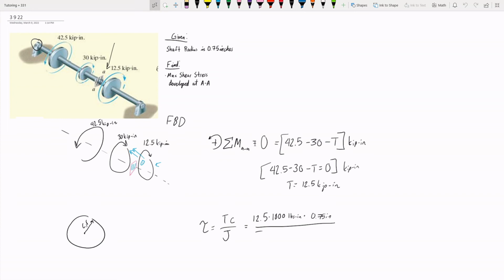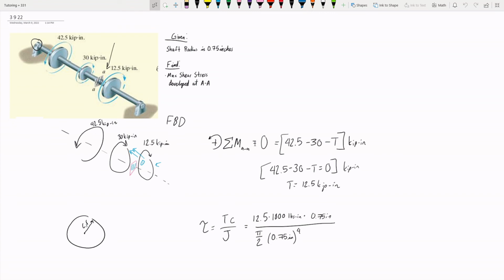which, because we're once again working with a circular shape, is pi over 2 r to the 4th, which is 0.75 inches to the 4th.